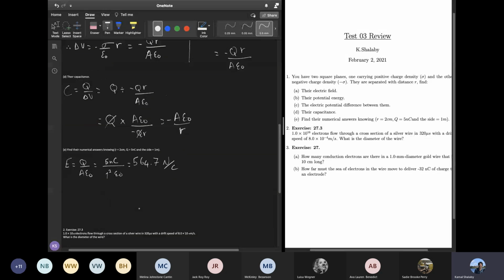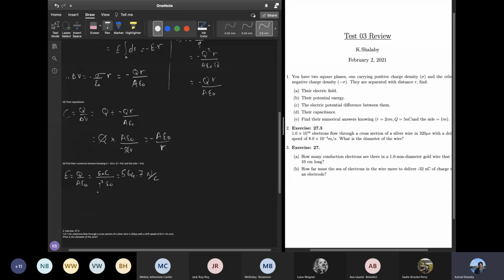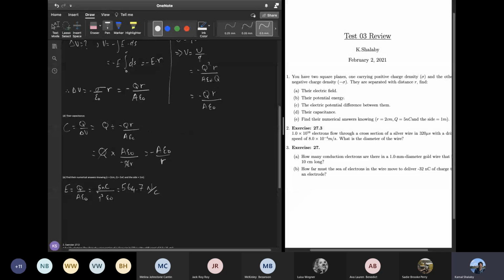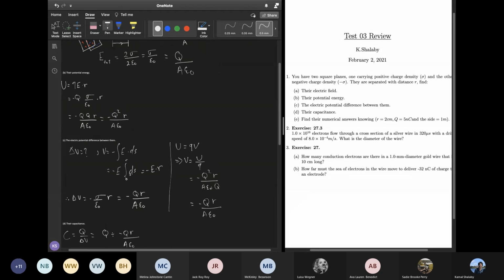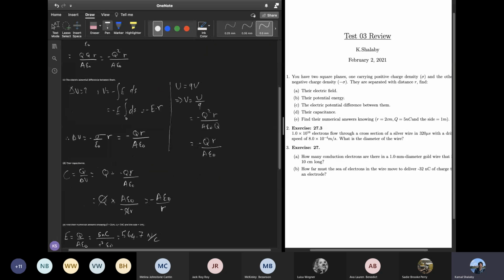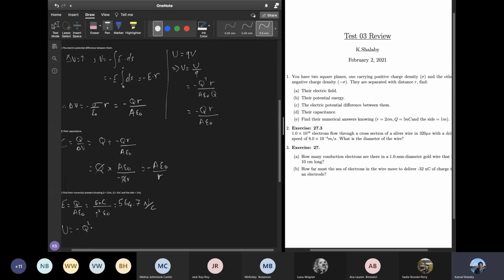Okay, now just trying to find the potential energy in the system. That we say is going to equal negative Q squared R over A epsilon naught. And just in case you're wondering, epsilon naught is equal to 8.85 times 10 to the power of negative 12.